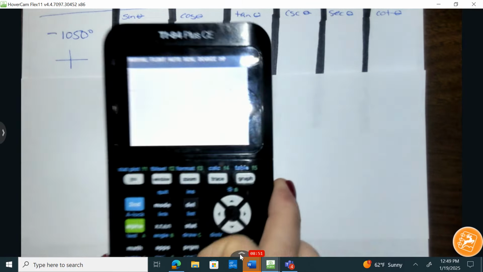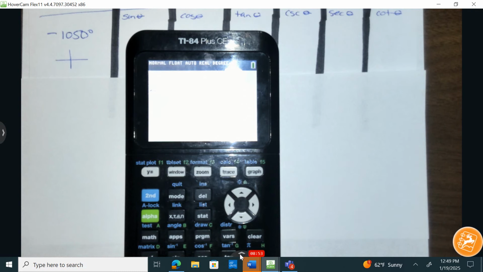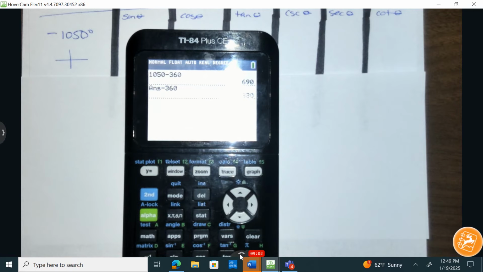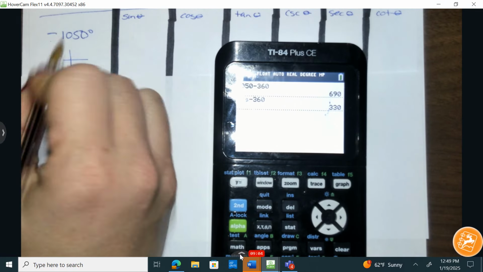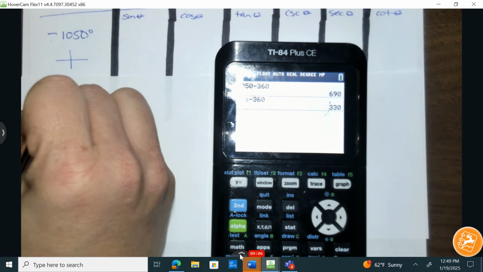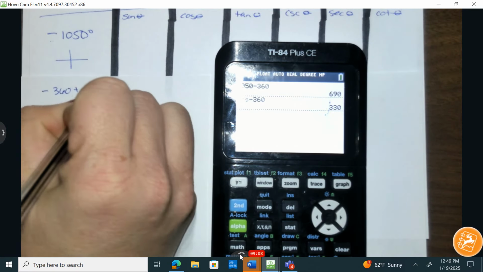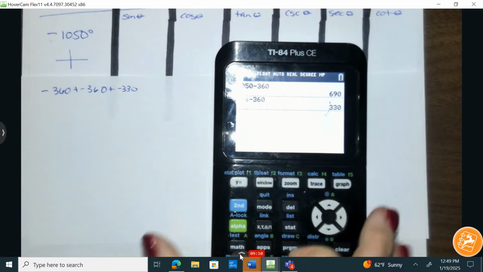How do we locate negative 1050? Well, I'm going to forget about it being negative, and I want to figure out where it lands on the unit circle. So I'm just going to take 1050, and I'm going to subtract 360. Okay, there's 1 revolution, but I'm going to subtract 360 again. That's 2 revolutions. So I know that this is equivalent to negative 360 plus negative 360 plus negative 330.